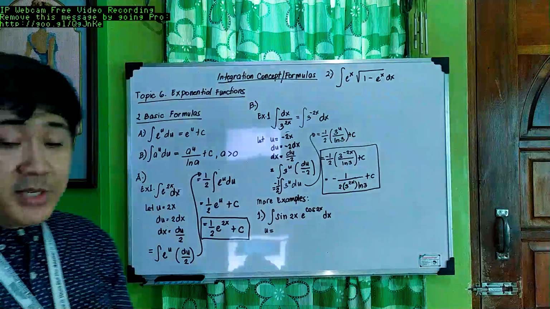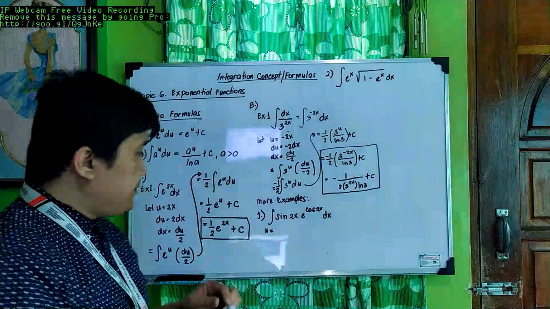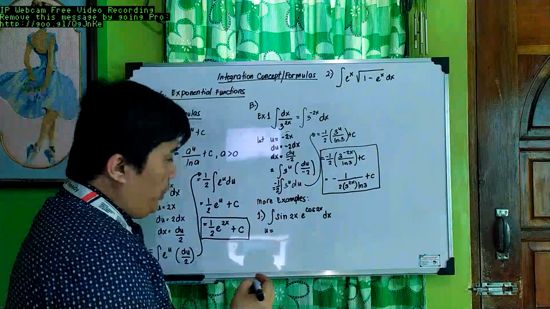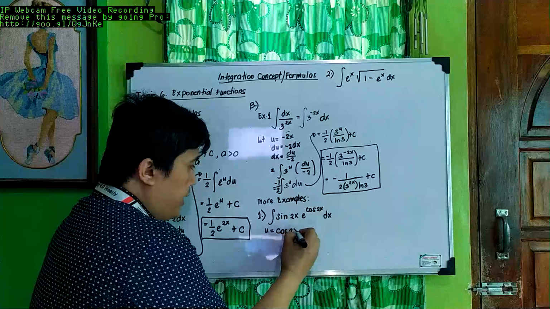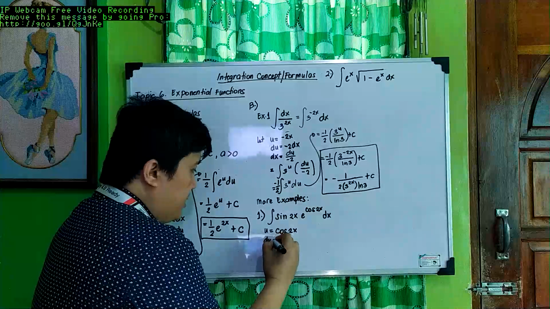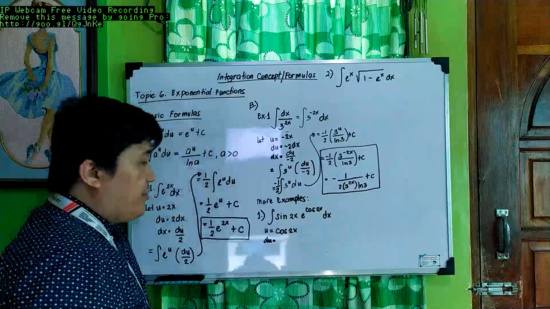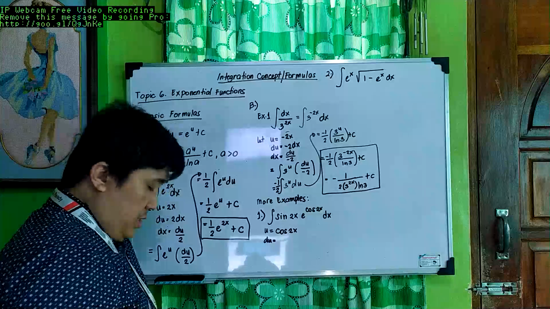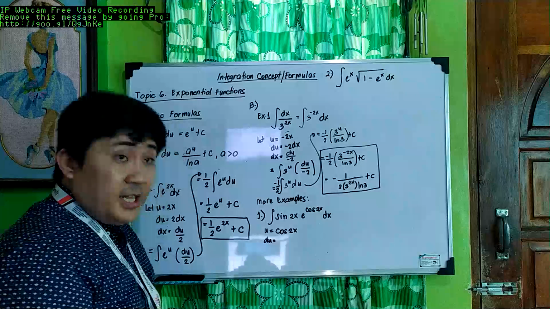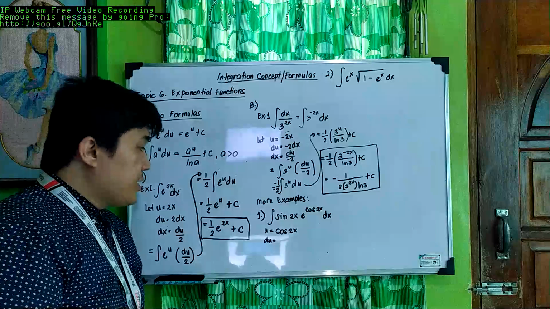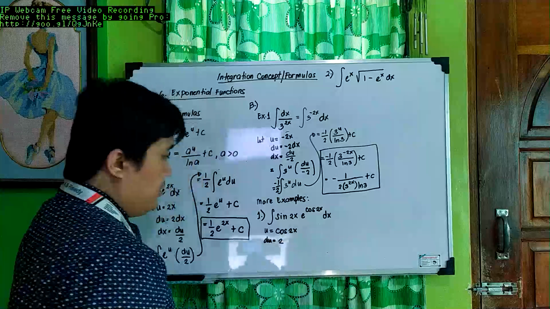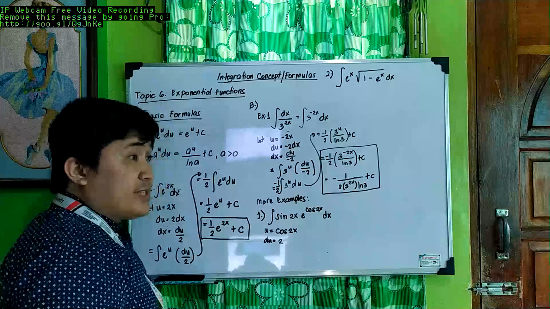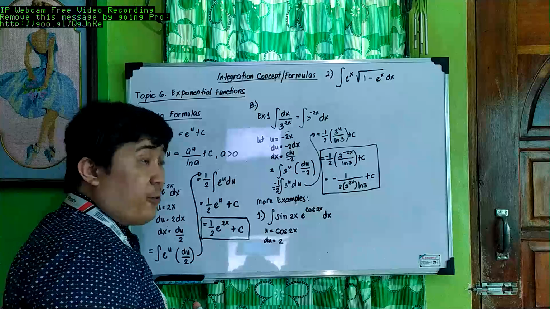Okay, let me show you how it works. So our u, as I told you, is cosine 2x. And our du is equivalent to, what is the derivative of cosine 2x? Remember your differential calculus? Cosine 2x, you have your 2 here. The derivative of cosine is a positive or negative sign?